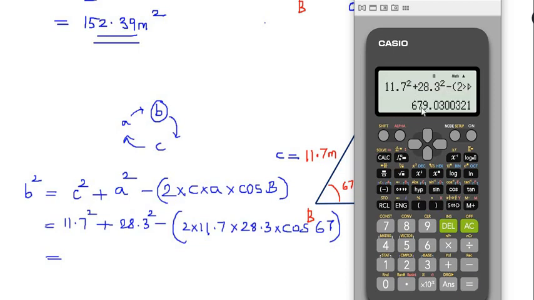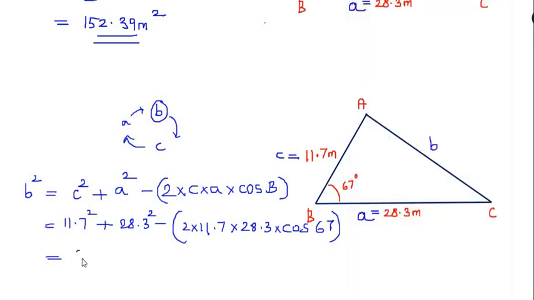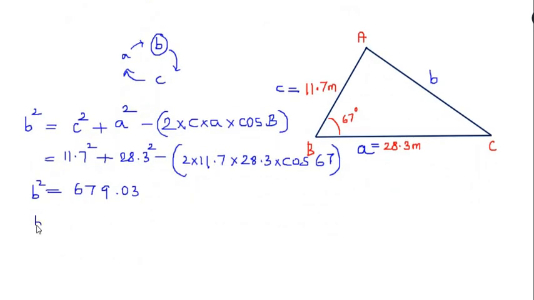So we have 679.03, so we write 679.03 here. This is b squared. If we want to find b, we have to take the square root. So it becomes square root of 679.03.